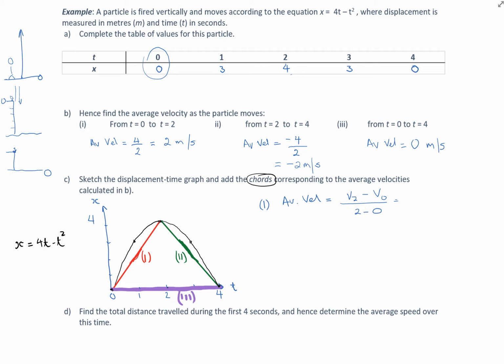Now, that's just our gradient formula. It's just the gradient of the chord.